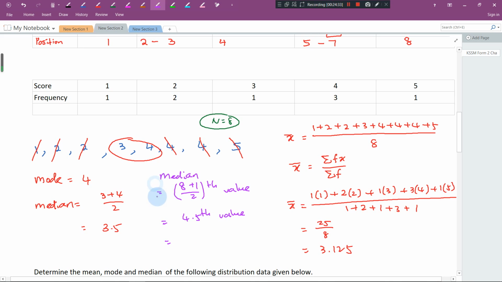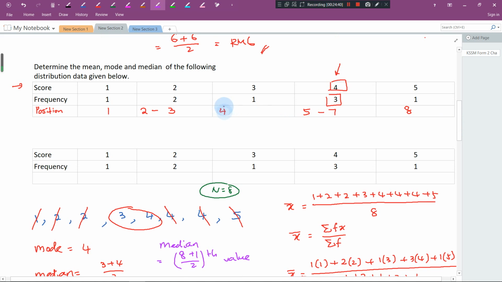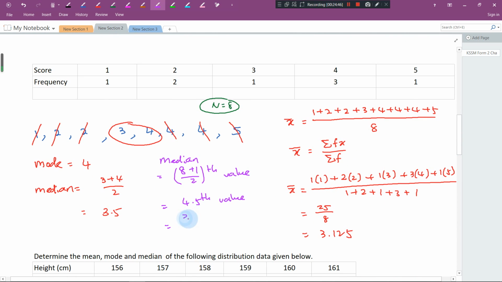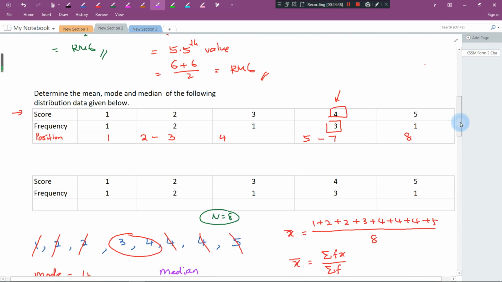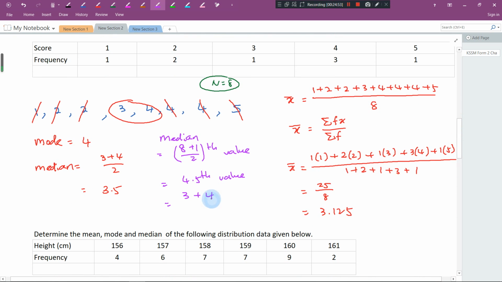The middle between 4 and 5, right? So we take the fourth data plus the fifth data divided by 2. The fourth data is over here, 3. 1, 2, 3, 4. Plus the fifth one, which is 4. You divide by 2. So now this is the median, okay, which is 3.5. You get the same answer.